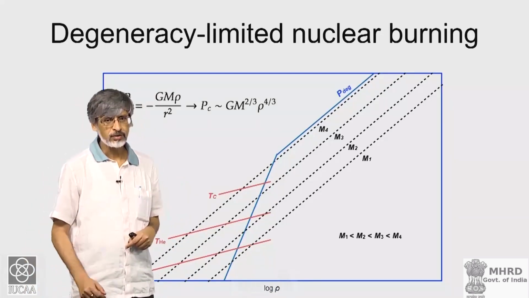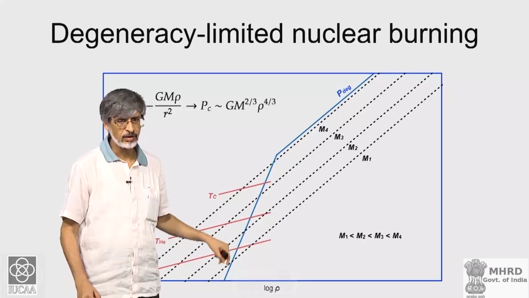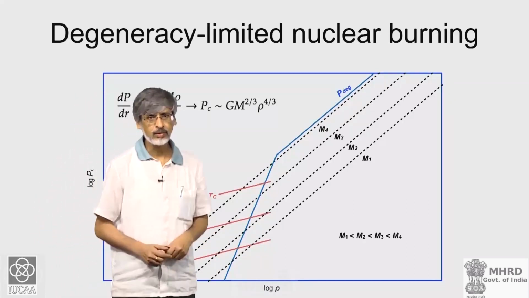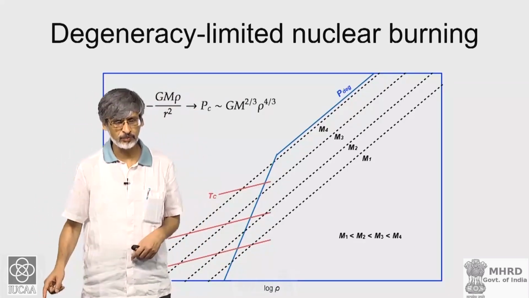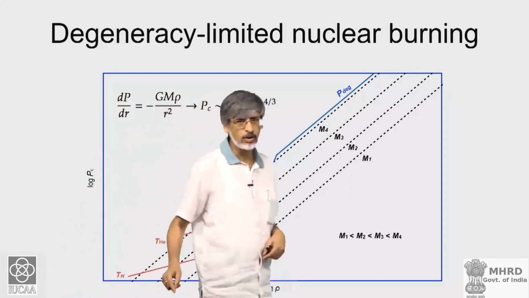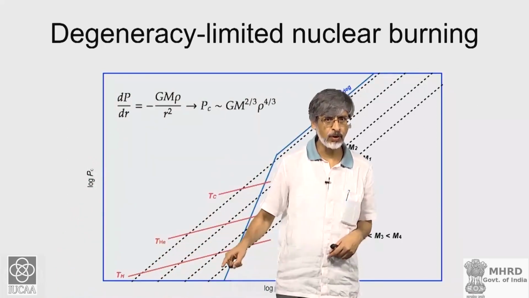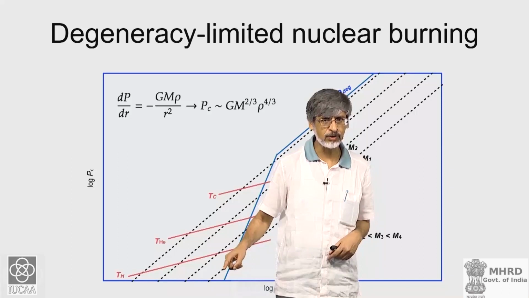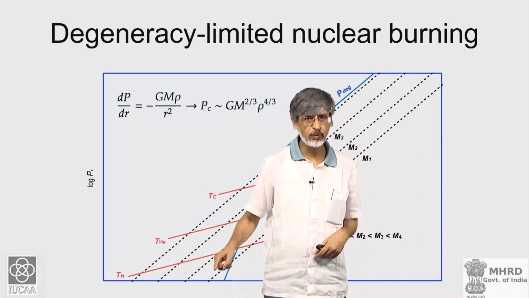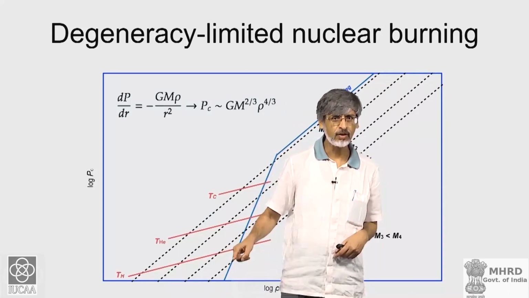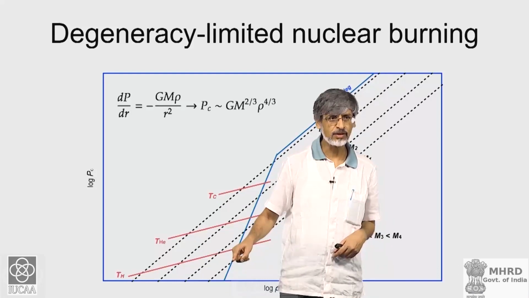Which means the core, which starts to the lower left of the diagram and continues to follow a line like this for constant mass, will keep moving up this line, and once it touches this crossing point, its collapse will stop.